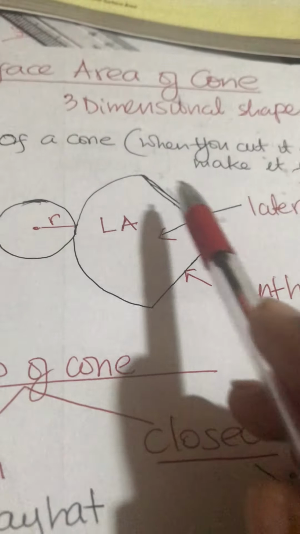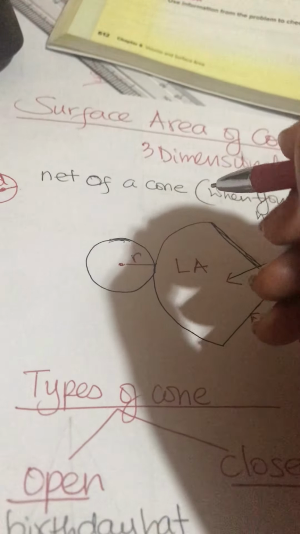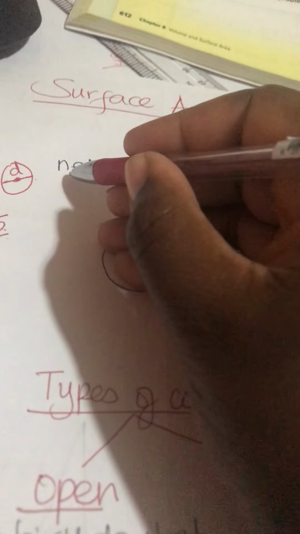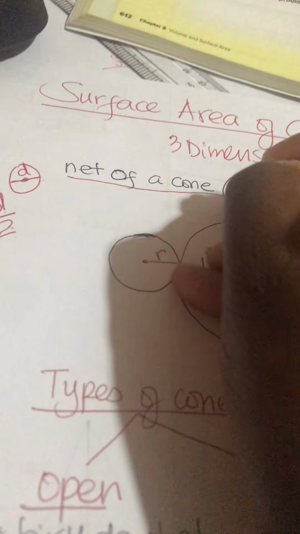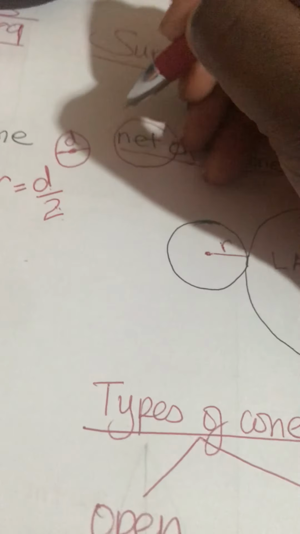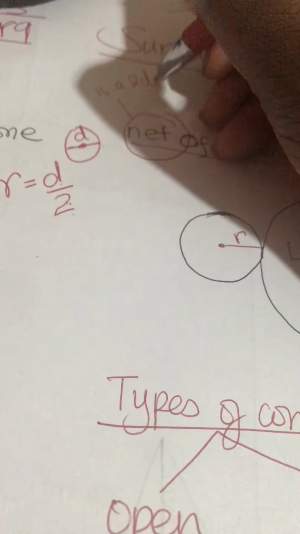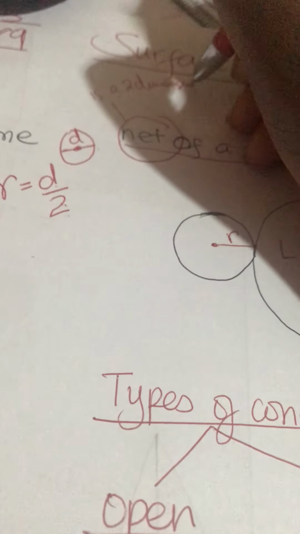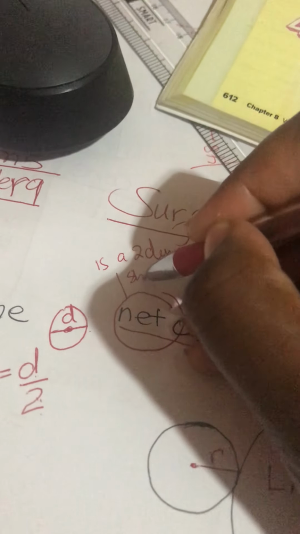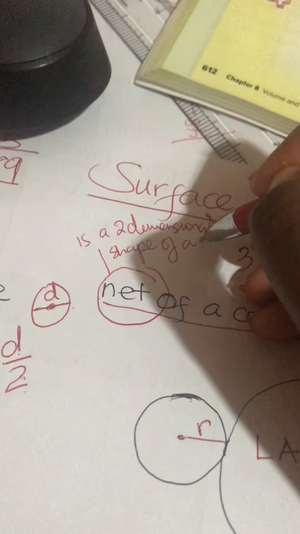Now, because we are doing surface area, we have to make it a 2-dimensional shape. A 2-dimensional shape of a 3D shape is called what? A net. A net is a 2-dimensional shape of a 3D shape.